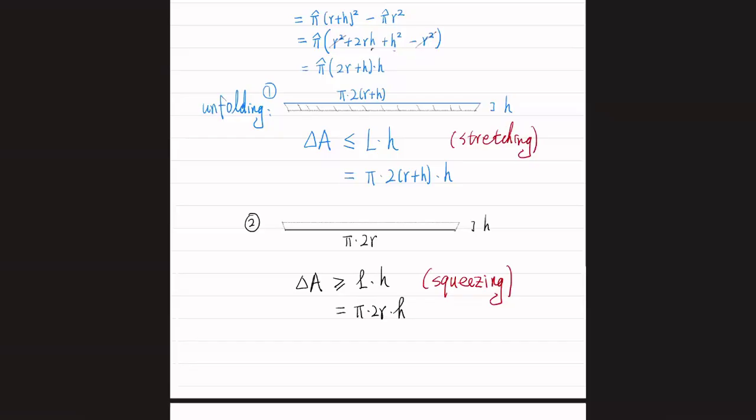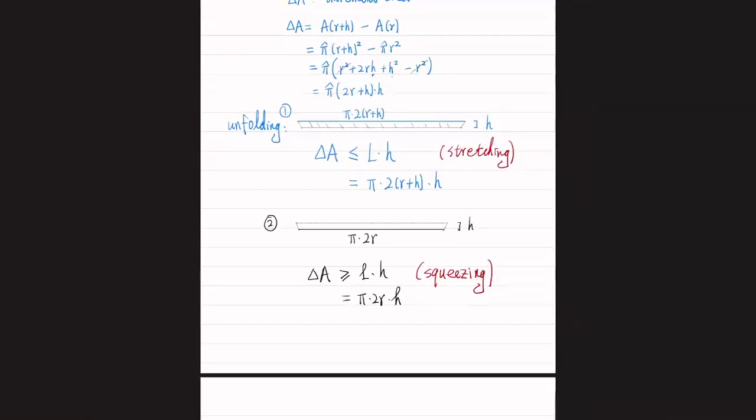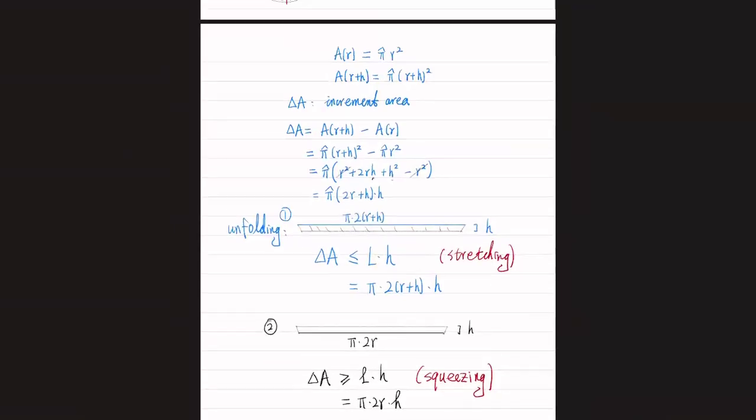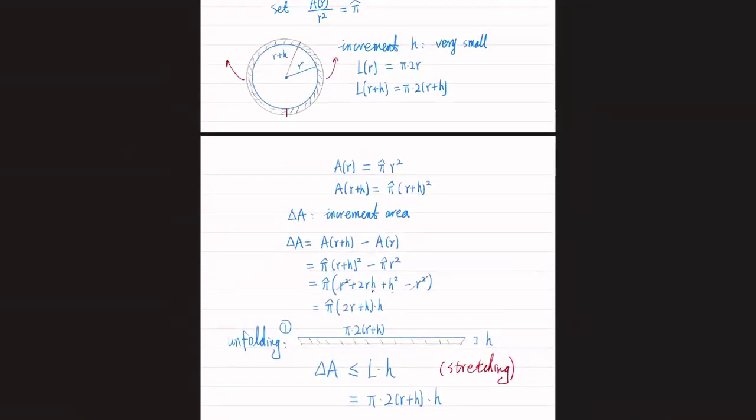One little bit stretching, one little bit squeezing. We have these inequalities. Try to imagine this is some kind of rubber, a rubber band. If we cut over here, we unfold. If it's long, with a little bit of stretching. If it's a short one, a little bit of squeezing.